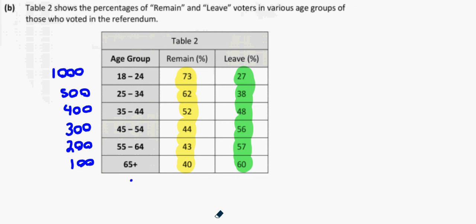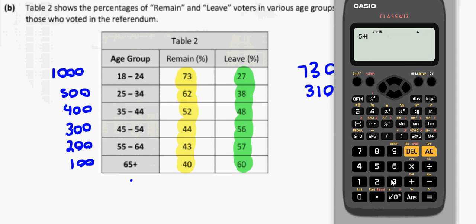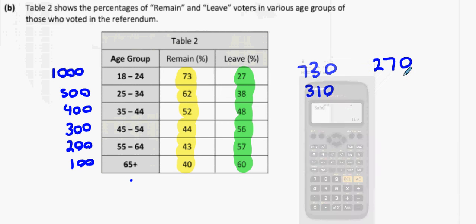We're all worth the same amount of votes, aren't we? So if I was to use this sample here, this would be 730 votes. Well, that would be 270. And then if we go for this one, that would be 310. And what's 5 multiplied by 38? 190.